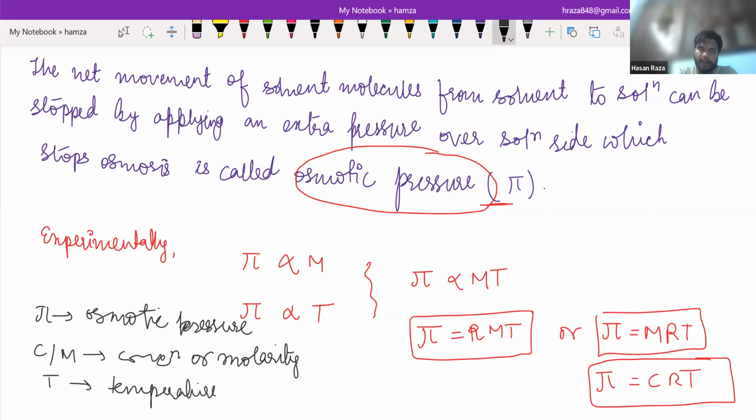R is the gas constant, and we use its value 0.0821. We are going to use this formula a lot.